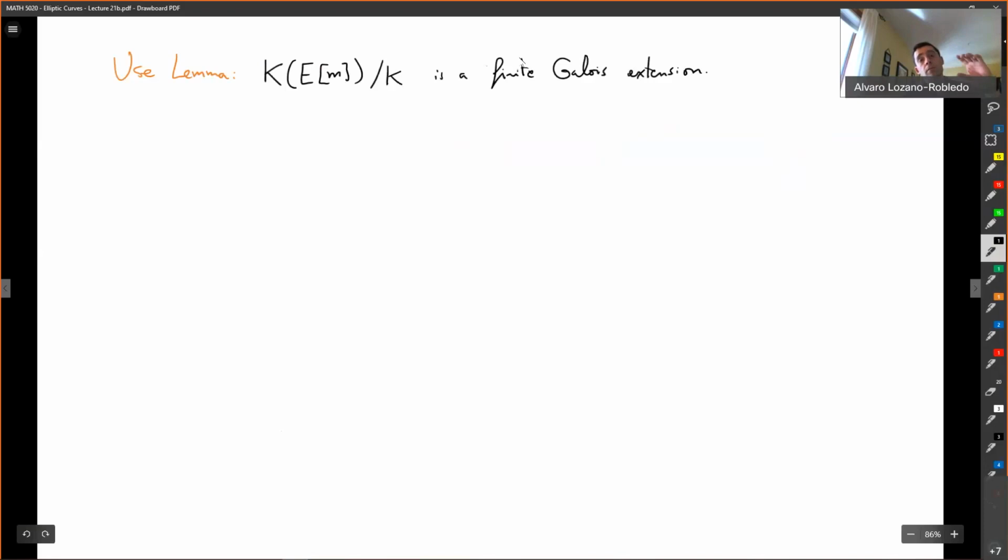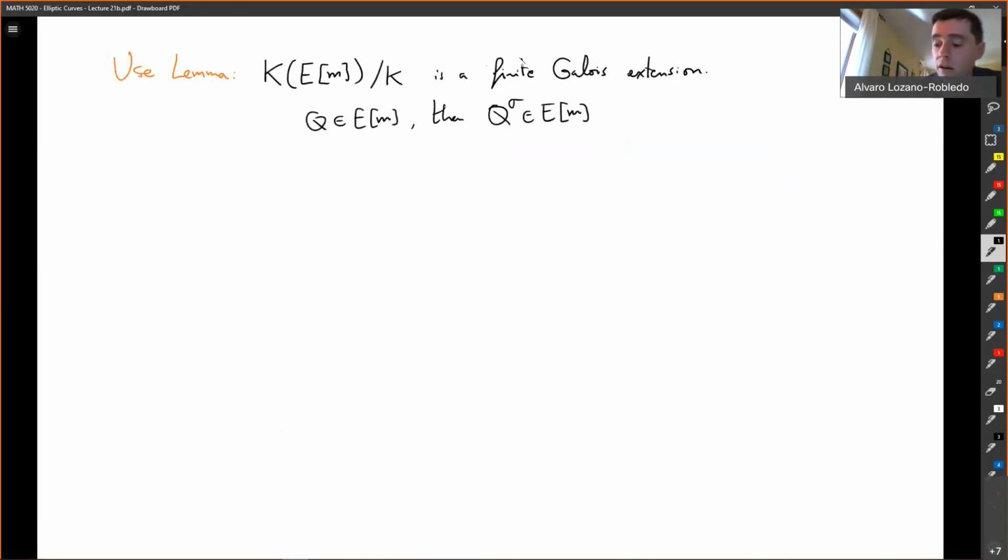You can reason this, that if you have any point of M torsion, the conjugates are also points of M torsion. So for example, if Q is a point of M torsion, then Q sigma is another point of M torsion, because of what we just saw, that the multiplication by M is defined over K, so it commutes with automorphisms. So this is true for all automorphisms of K bar.